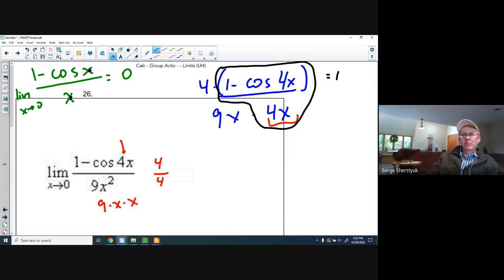When I plug in 0 here, all of that is 0. So it's 4 times 0, and at the bottom I have 9 times 0. I'm thinking this is 0 over 0, an indeterminate form, so there's something I should be able to do here.